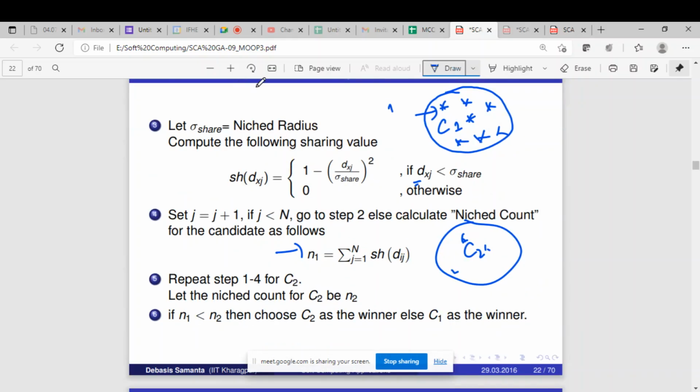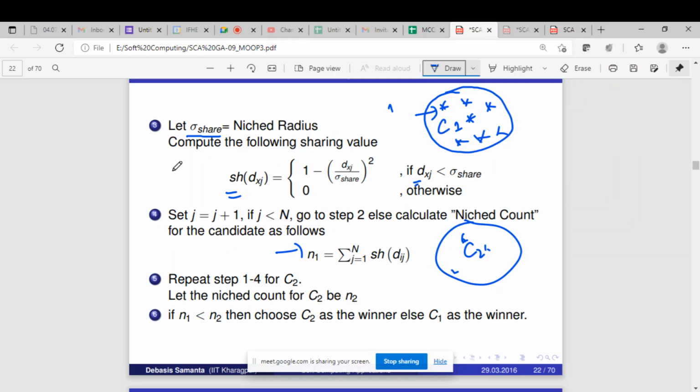Once we have found that, then we select this radius, sigma share, which is the niche radius, and then we check in the previous round whatever we have calculated, that is, whether sigma d x j is less than sigma share. If it is less than, then you calculate sh of dxj using this formula. Otherwise, assume sh of dxj as 0. Okay, so repeat this above process for n times.